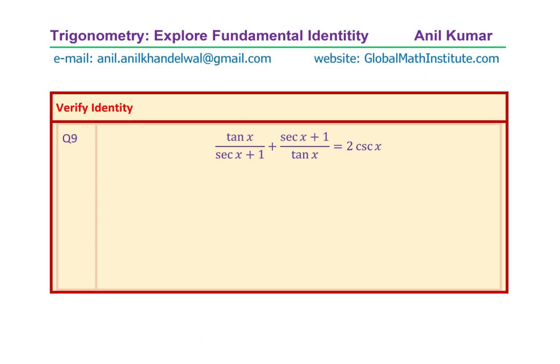Now here is question number 19, the first question to be proven for an identity. How will you do this? Well, to begin, we can start with the left hand side since it is more complicated. On the left hand side, let's take the common denominator, which is secant x plus 1 multiplied by tan x.